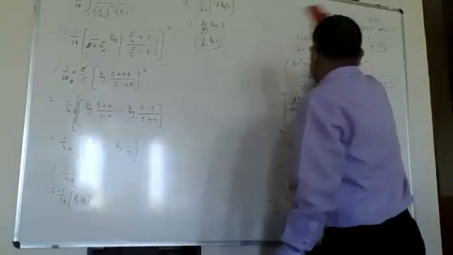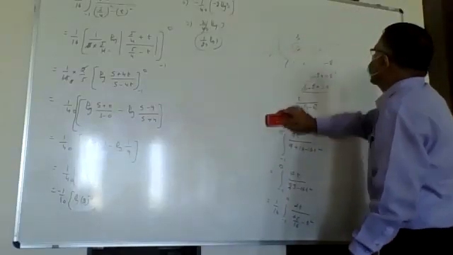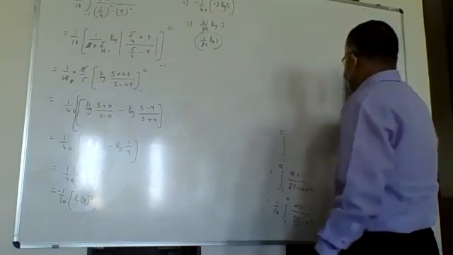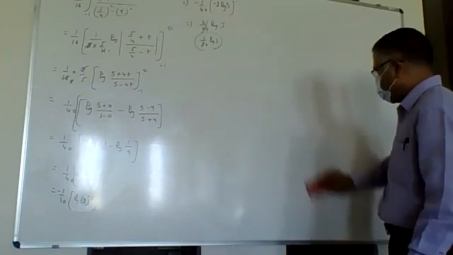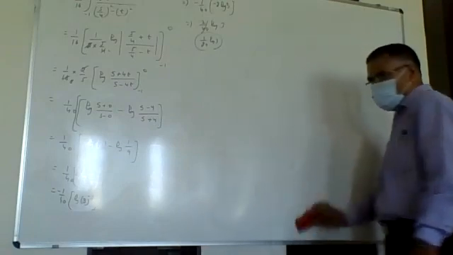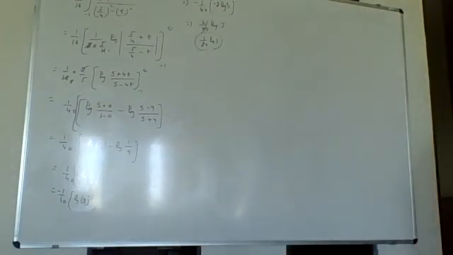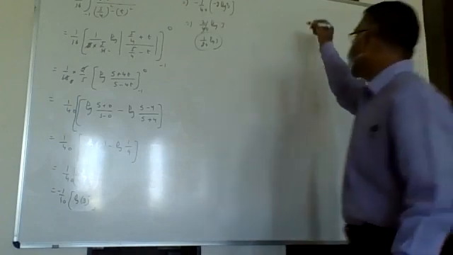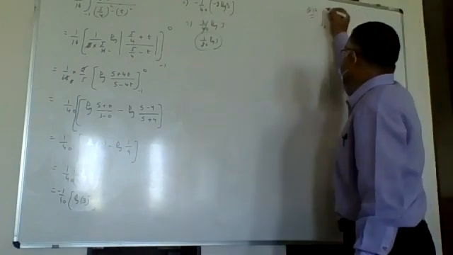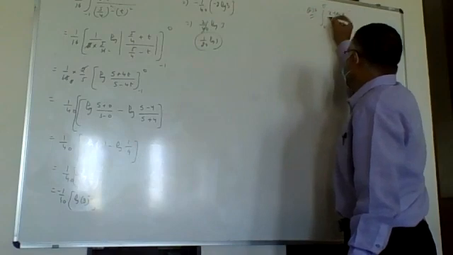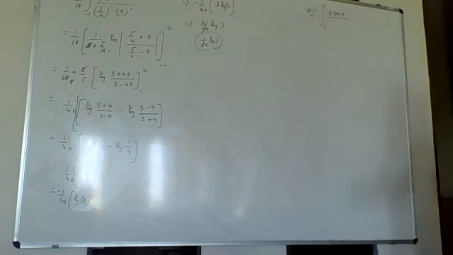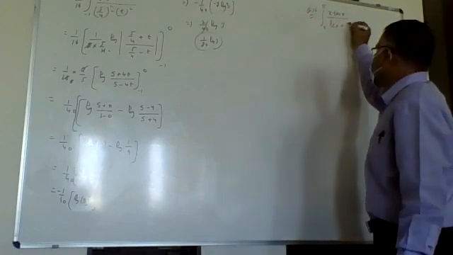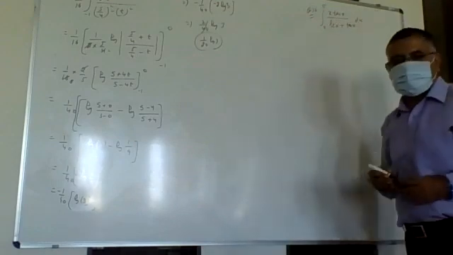Okay, come to the next question. The question is integral from 0 to pi of x tan x upon secant x plus tan x, question 32.